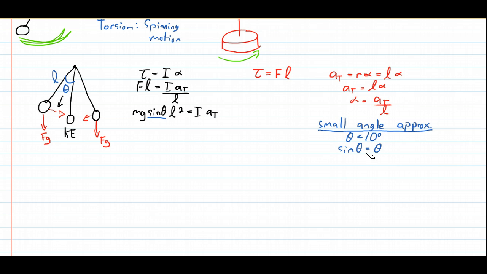And so it's not exactly equal to it because, again, it is an approximation. So I'm actually going to write approximation signs. So it is an approximation, so it's not exact, but it is really, really close. And so I encourage you, grab a calculator and try it out and see how close sine theta is to theta. And so using that approximation, we're going to rewrite our formula as mg theta L squared equals I times acceleration.